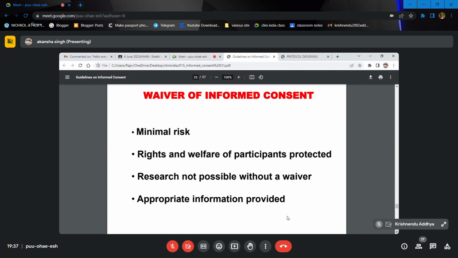If the risk is minimum and the situation is deteriorating, the best decision should be taken by the investigator to give the drug.